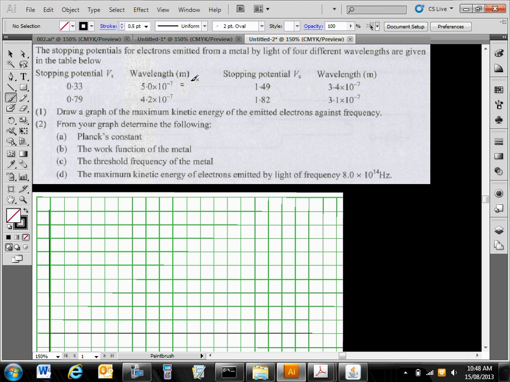This one's 4.2 is 7.1 by 10 to the 14 hertz. 3.4 by 10 to the minus 7 is 8.8 by 10 to the 14.